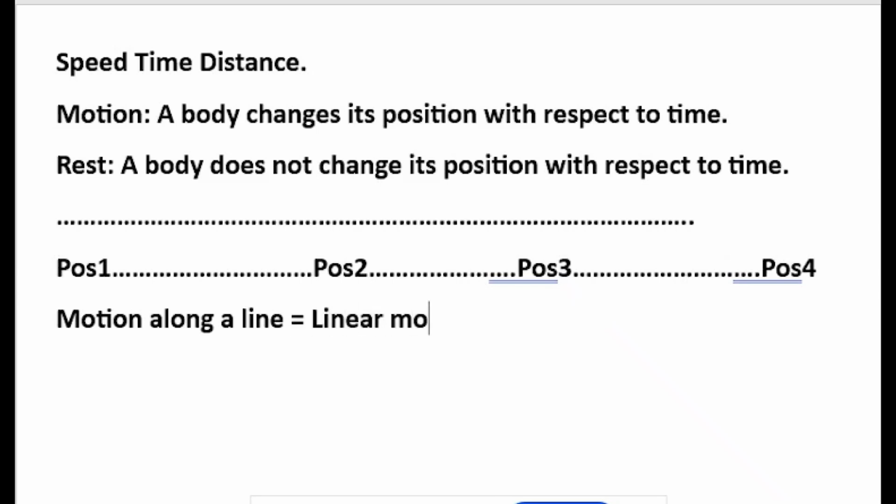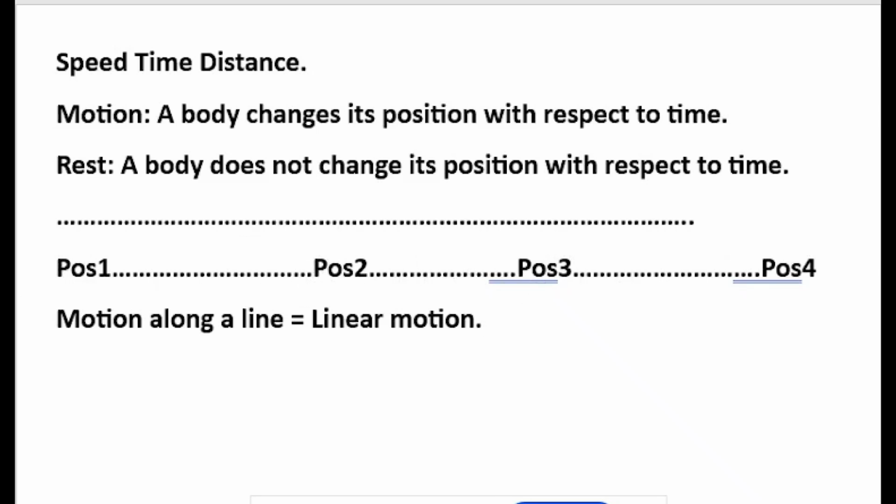So what we are going to study in maths is linear motion, not turning, not going round and round, not like the earth. Calcutta, then Mumbai, then Punjab. This is called linear motion, motion along a line.